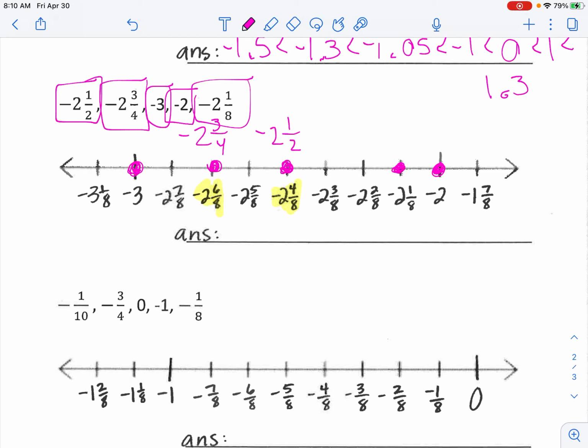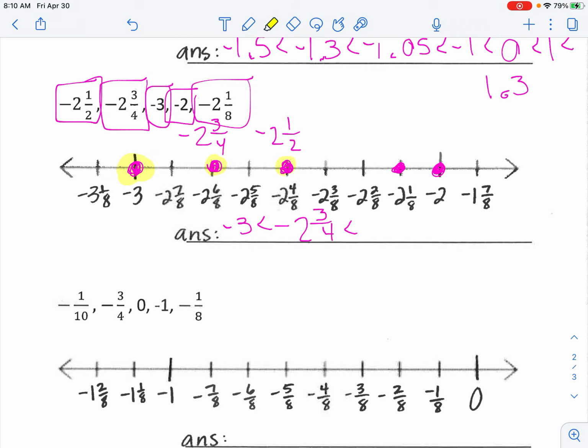All right, now if we're going to order from least to greatest, I'm going to find my first number on the number line way down to the left. My first number going from least to greatest would be negative 3, is less than. Keep moving to the right. Now remember, order the original numbers given in the problem, so that would be negative 2 3/4.